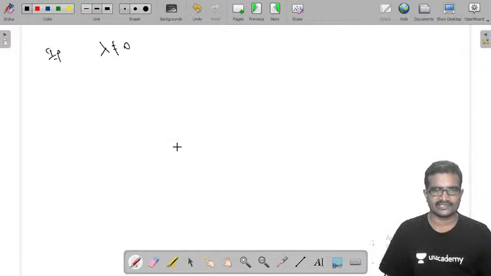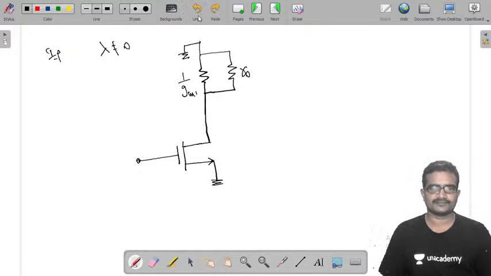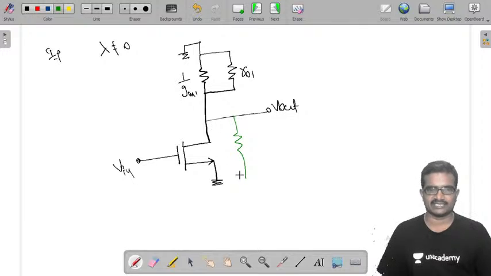In that case, the equivalent circuit is: here we have 1 by Gm1 already, connected to ground, and here we have the output impedance of device M2, which is R02. Taking the output here, input applied here, and there is the output impedance between the output terminals, that is R01.